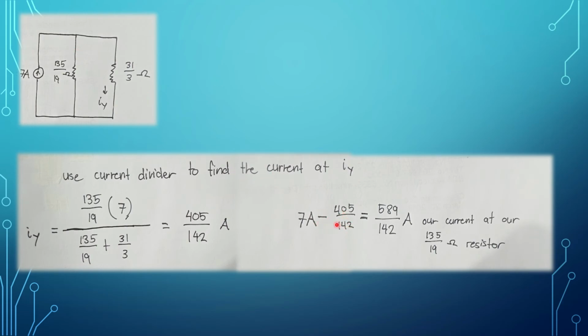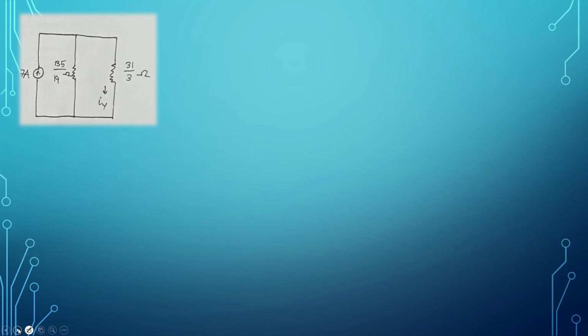So 7 minus 405 over 142 gives us 589 over 142 amperes. Let me illustrate it. So this is the current that is going here, and this is the current that is going through here. Simple as that. And so we have solved Iy.